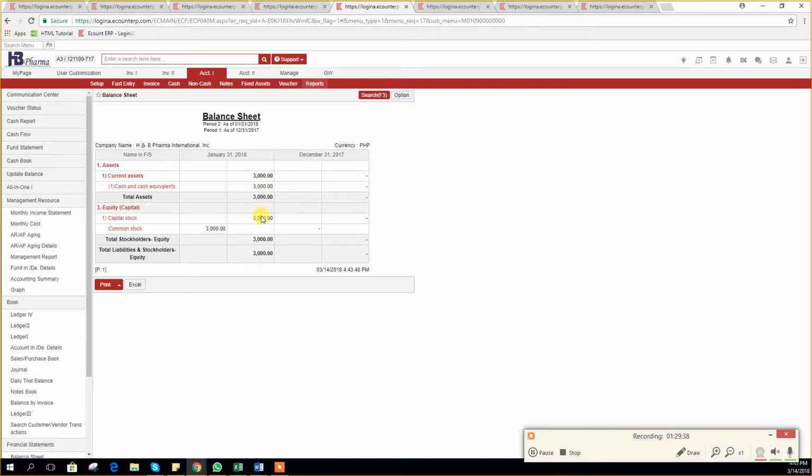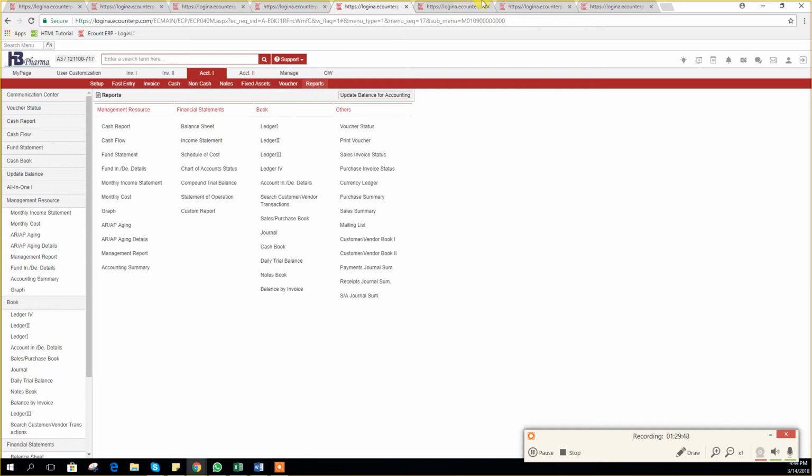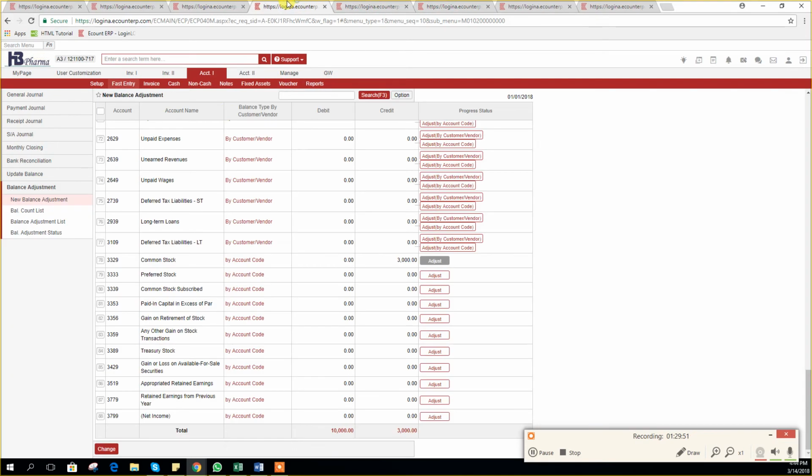Okay. All right, total assets must be equal to liabilities plus equity. So this is where you input the beginning balance. But what about the department, right?